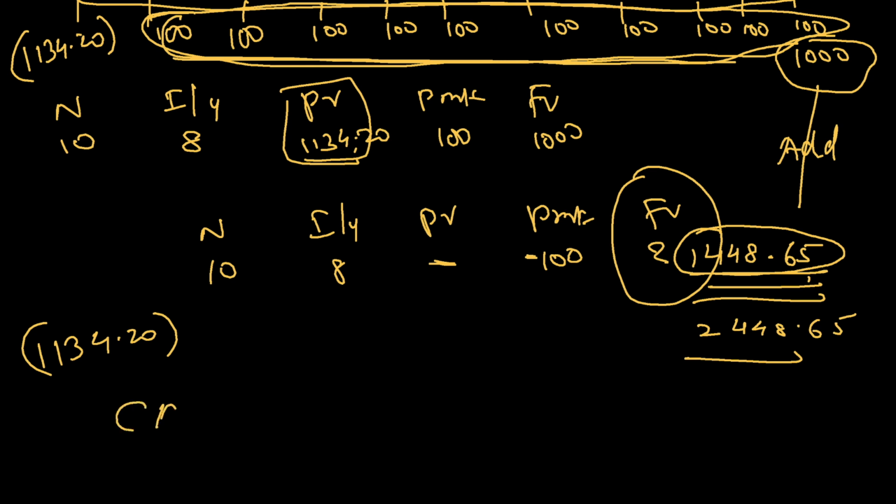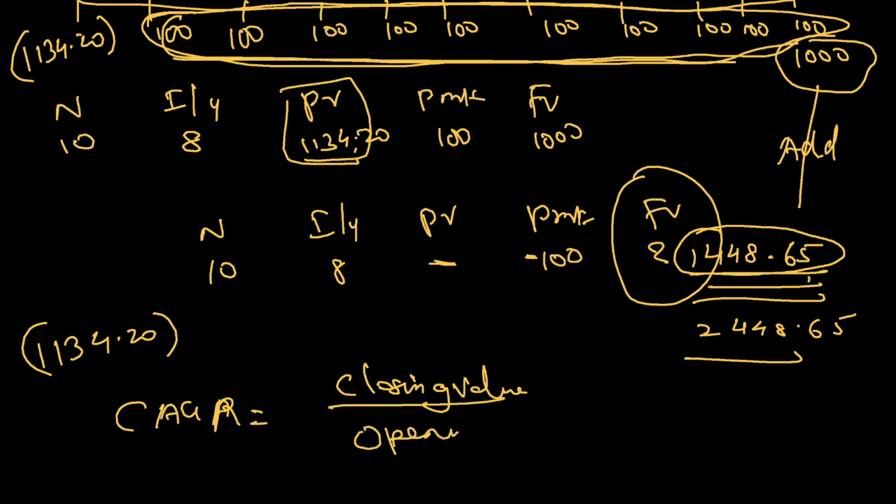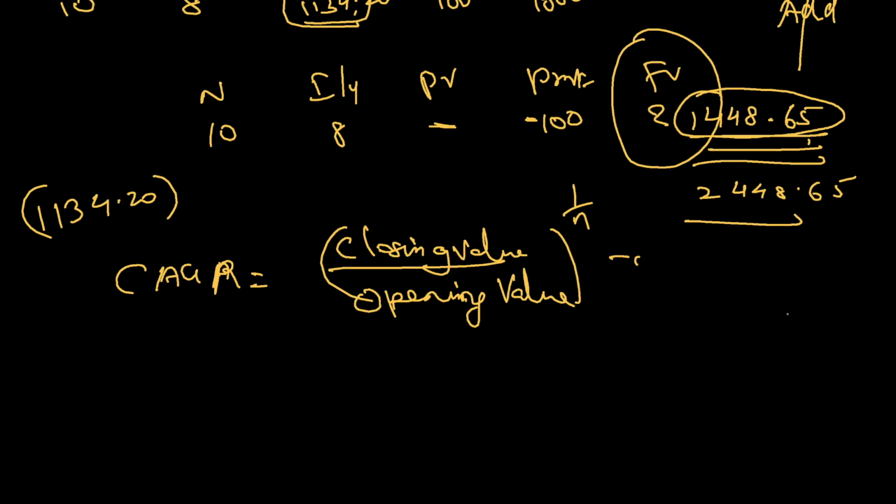Okay, so let me calculate the compounded annual growth return, which will give me the annualized rate of return. The formula is closing value divided by opening value, to the power 1 by n, minus 1. This is how I'm supposed to find out the annualized rate of return.